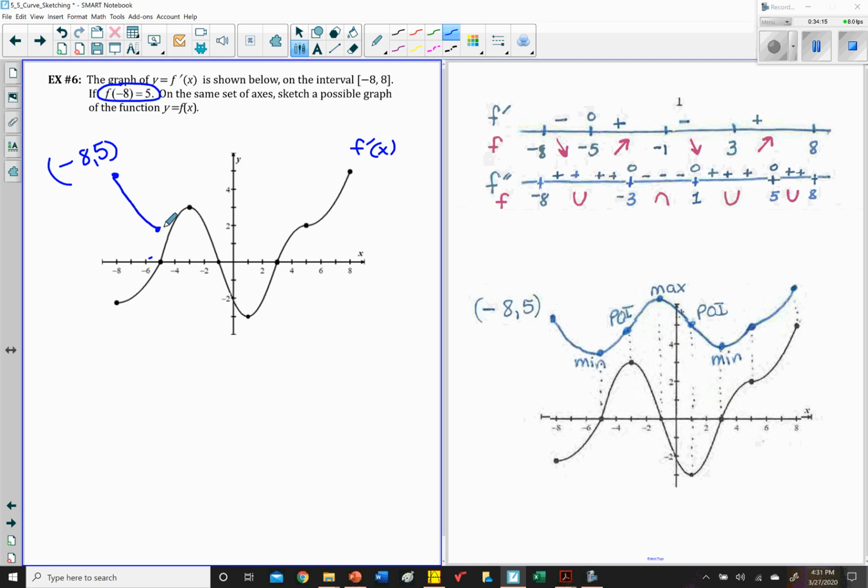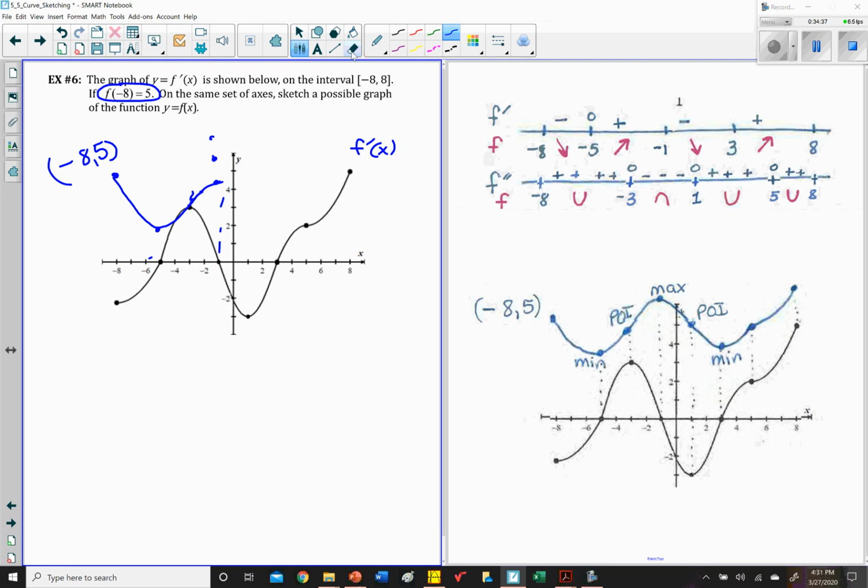Just had to behave, point of inflection here, maximum here. So I guess we would want to be above 5, right? Or it could be just a relative max somewhere in there. That could be a max.